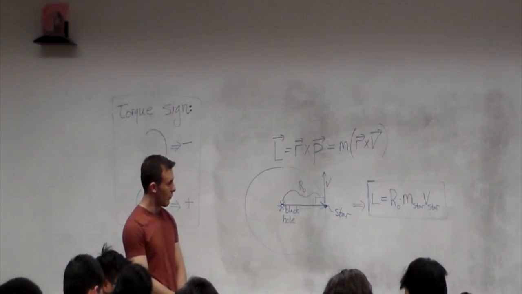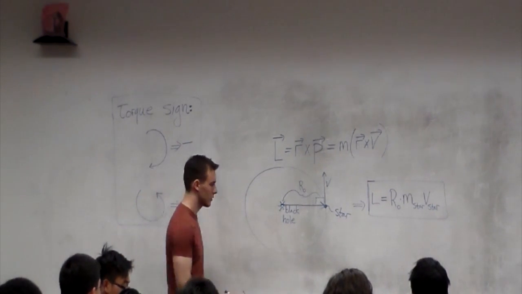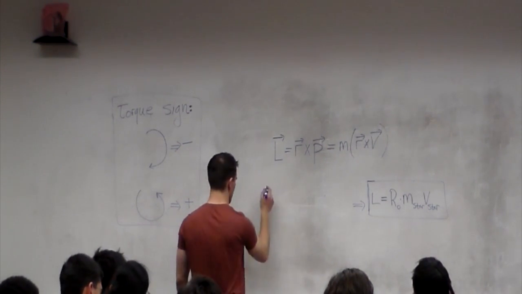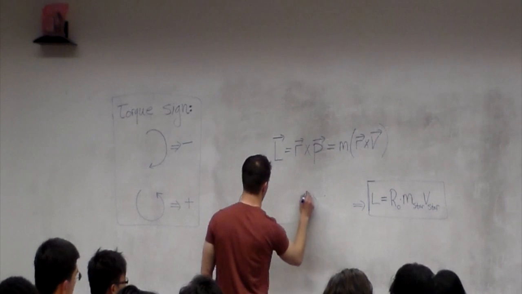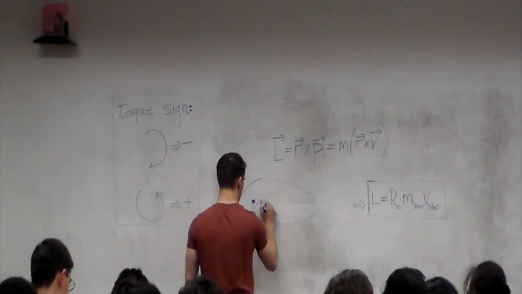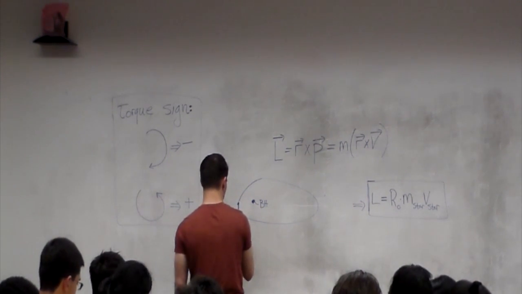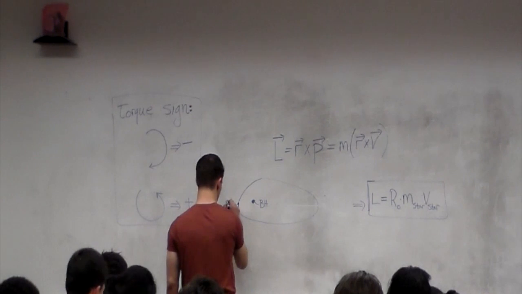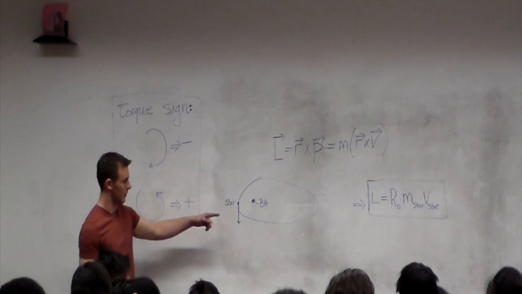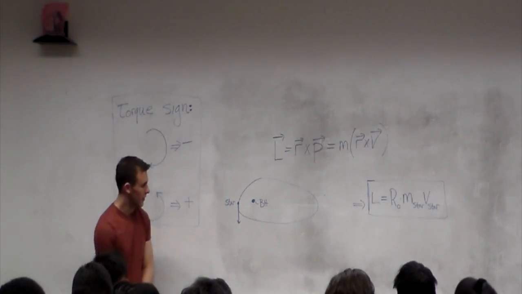Slightly different question now. What if my orbit wasn't circular? Could I calculate the angular momentum still? What if my orbit was like this? So the orbit isn't circular anymore. It's like this weird ellipse, a flattened circle.